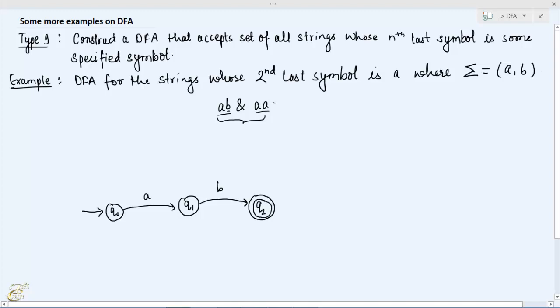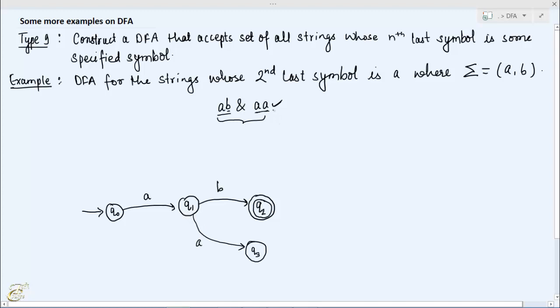Similarly, for this basic string, reading the first A symbol in Q0 leads to the state Q1, which is already present there. Then reading the second A symbol in Q1 leads to the next state Q3.